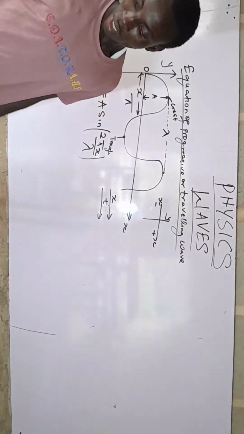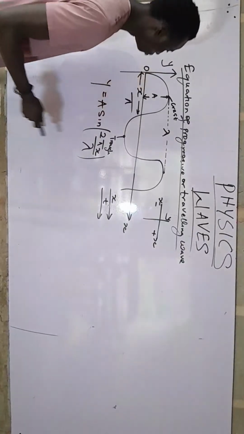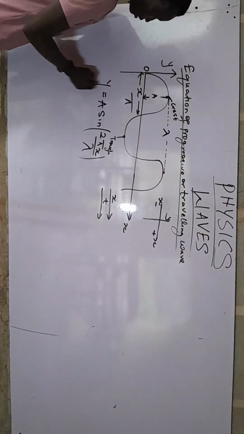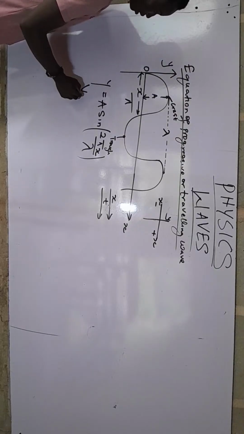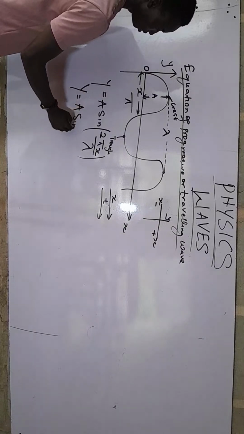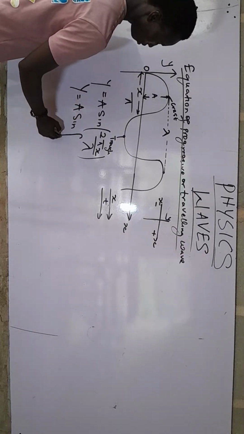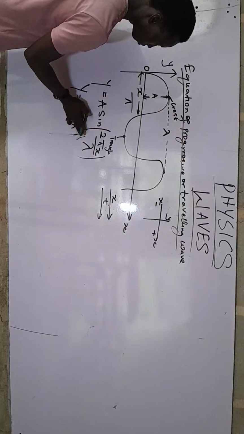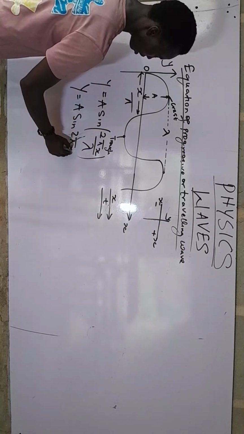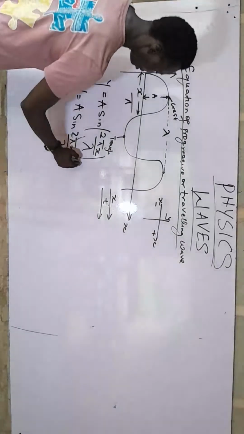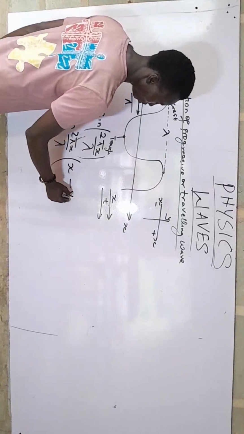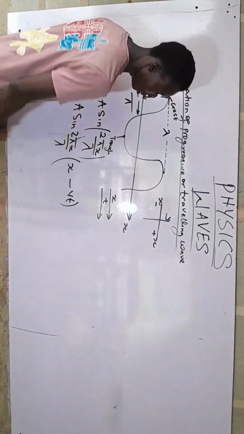Now, under this, it should be noted carefully that this equation can also be rewritten in the form a sine, then we are going to have 2 pi over lambda, x minus vt in the bracket.